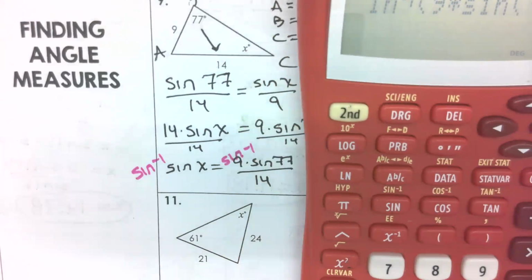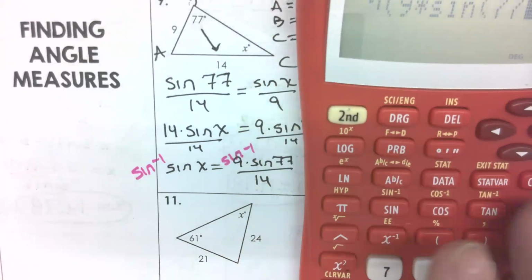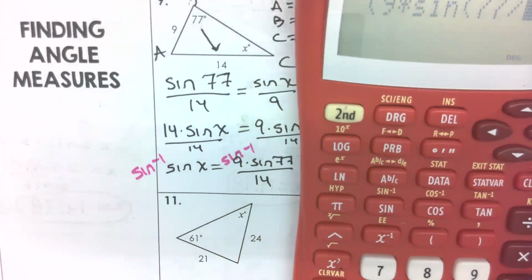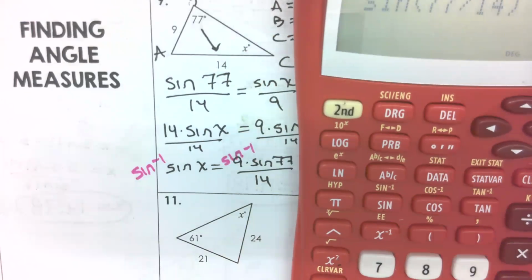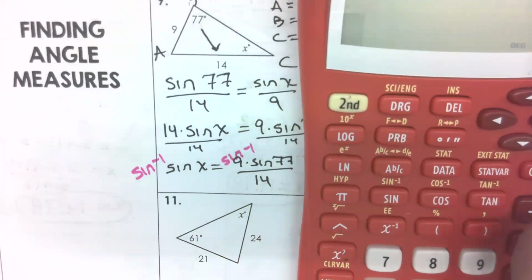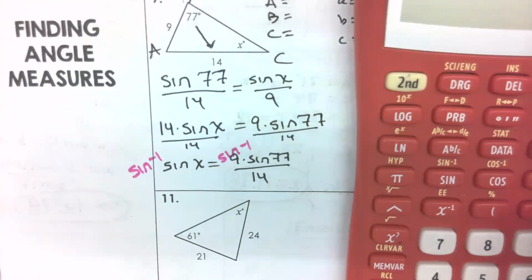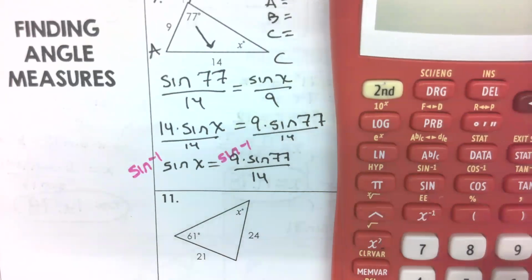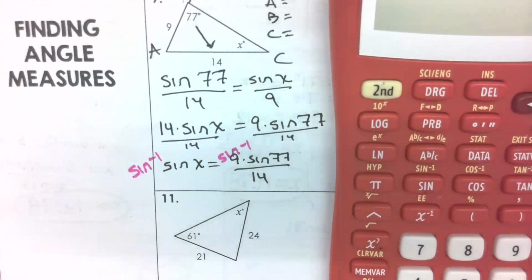If you got domain error, that means you tried to create something that is outside the realm of possibilities. Sine is always between -1 and 1. So if you're trying to take the inverse sine of something bigger than 1, that wouldn't work. So we want to take the inverse sine of 9 times sine of 77.